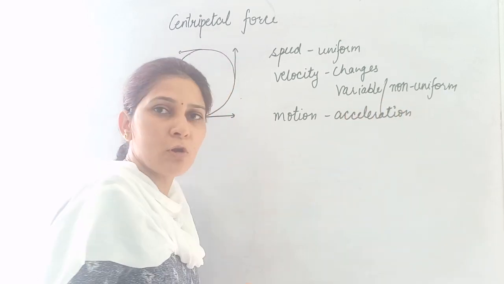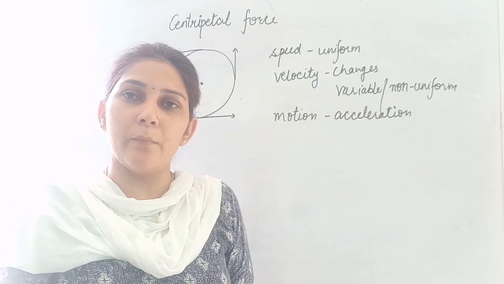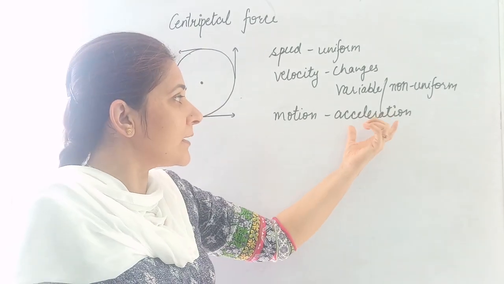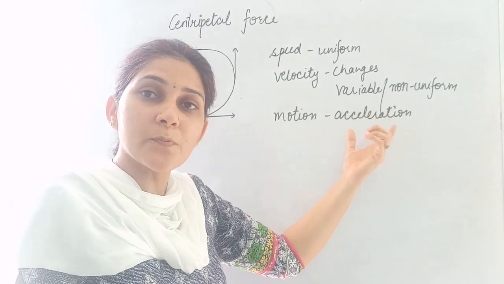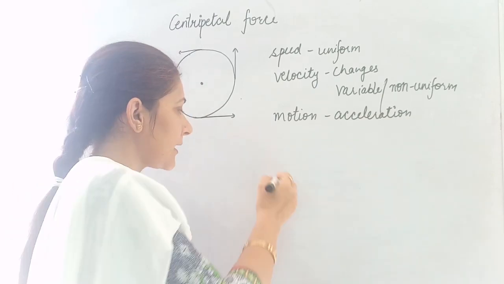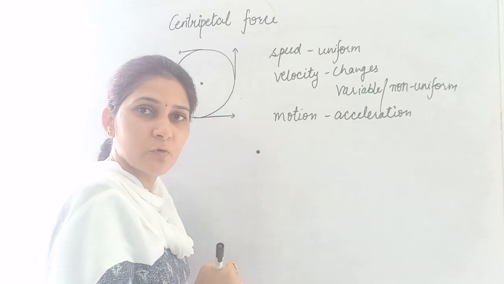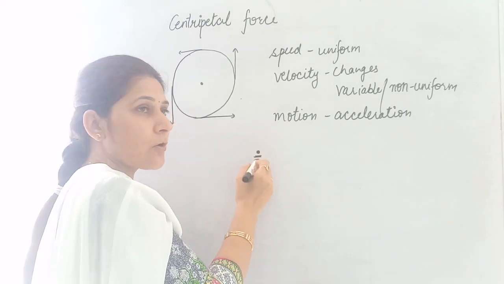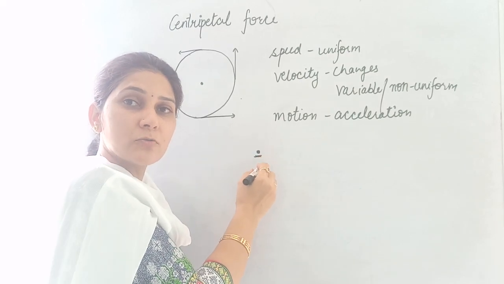Now I believe all of you remember last year we studied Newton's second law of motion. There we learned that whenever there is an acceleration, it is because of a force applied on the object. Suppose this is the particle which is moving, and if acceleration is produced in this particle, that happens because of a force applied onto the particle.